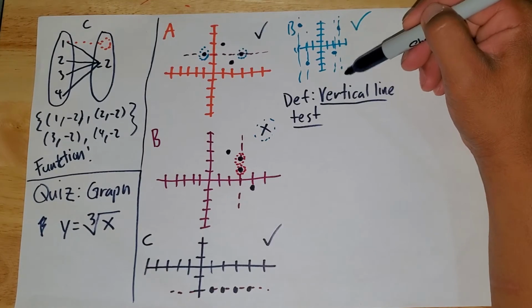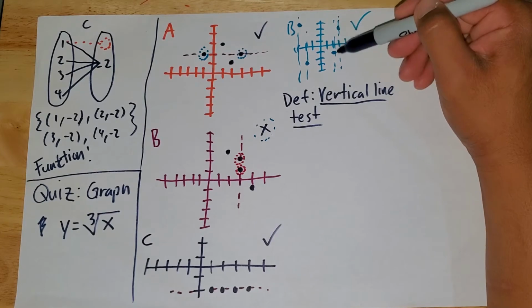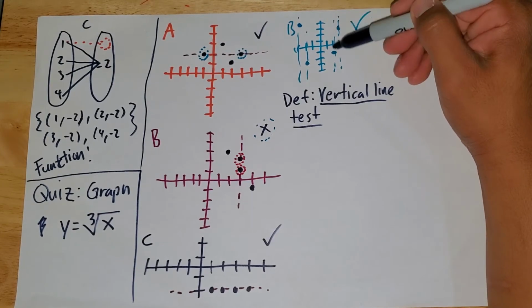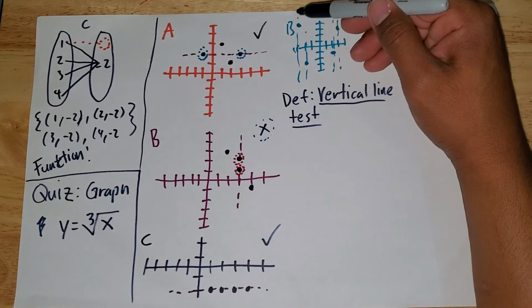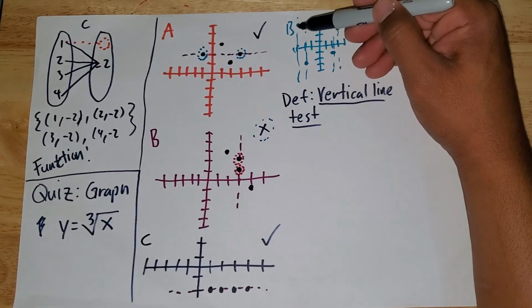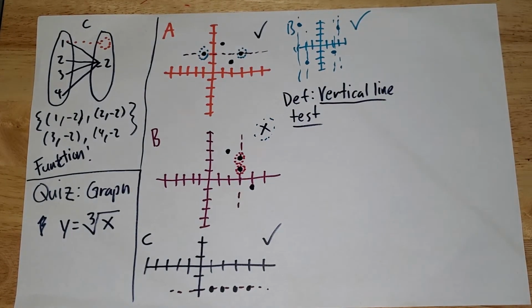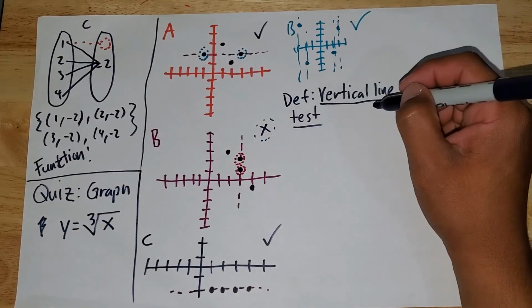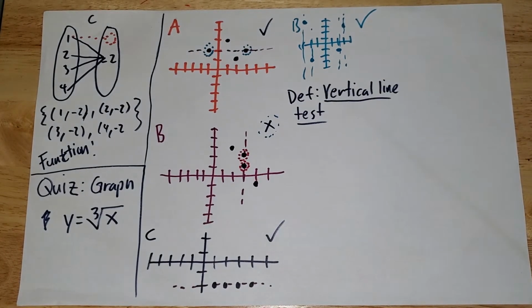Look, I was making these vertical lines and showing you how there is no other ordered pair on this vertical line but this one. Hence, that's what made it a function. So now I can just use this vertical line test to help me see if any relation, any graph, any equation is a function or not.